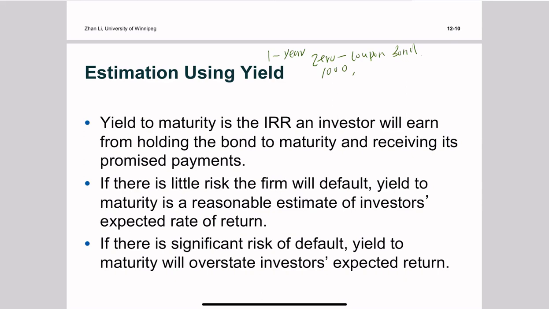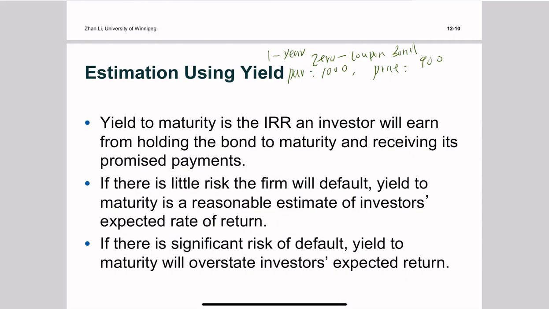You will just get this final par value on the maturity date, right? And let's say the 1 year zero coupon bond has a par value of 1,000, and let's say today's price is 900, right? Now, what is this bond yield?